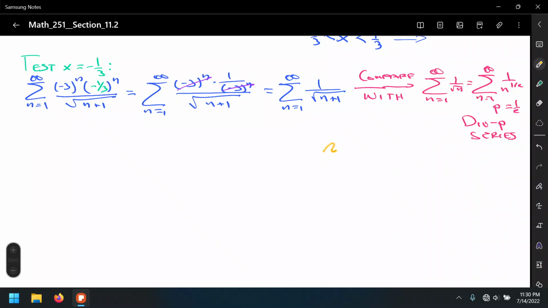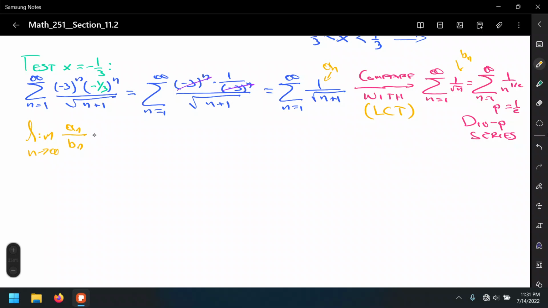So for the limit comparison test, we need the limit of a sub n over b sub n. Recall, a sub n is the problem series and b sub n is the test series, as n approaches infinity.